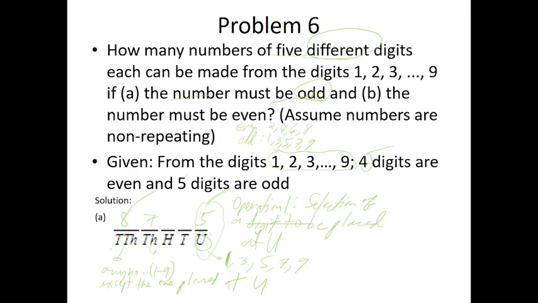Sabihin niyan, any number 1 to 9 except the one placed at U and TTH. So, any number 1 to 9 except yung nilagay natin sa U at saka itong sa TTH.